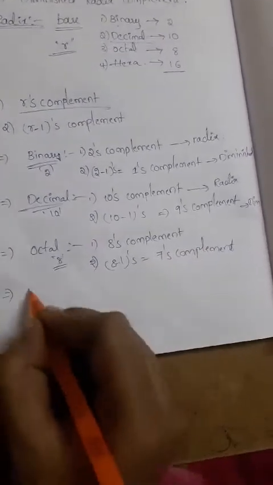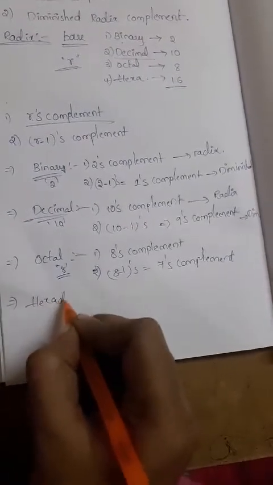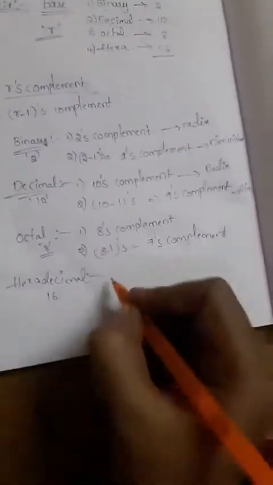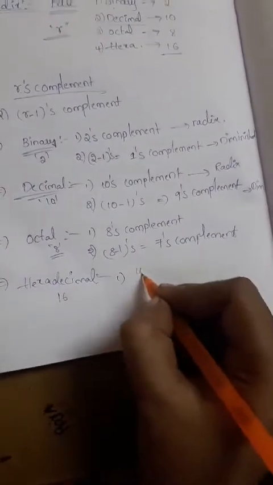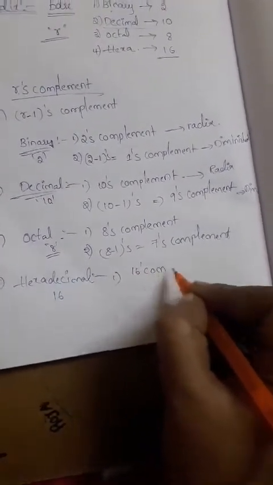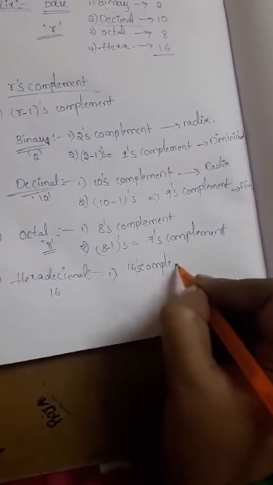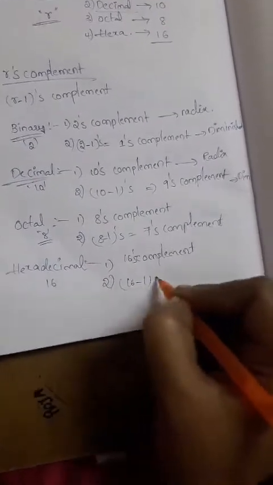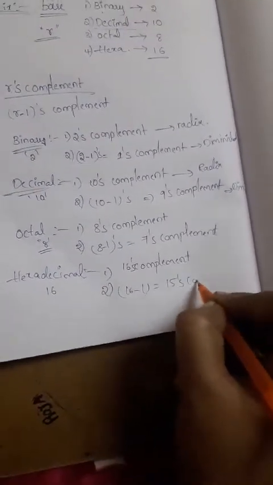Like that, the last number system is hexadecimal. The base, as you already know, is 16. So for radix the complement is the 16's complement, and the second one, 16 minus 1, gives the 15's complement.